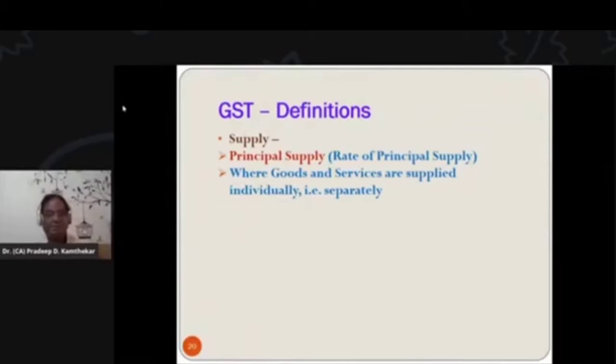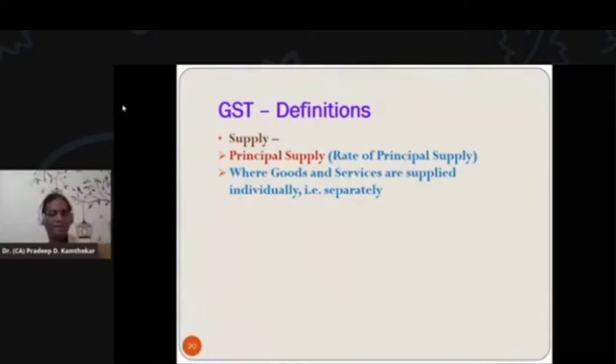First is principal supply. Principal supply is a supply which is supplied individually, not in combination with any other goods or services. When particular goods or services are supplied separately, individually, we call that principal supply, and the GST rate applicable to that type of goods and services applies.